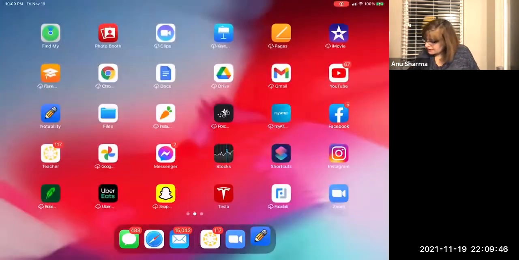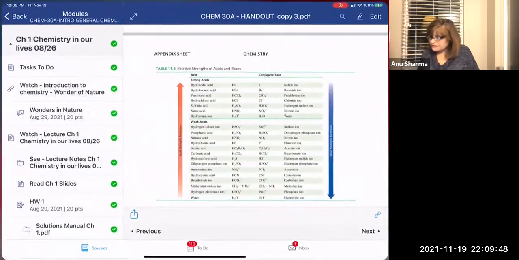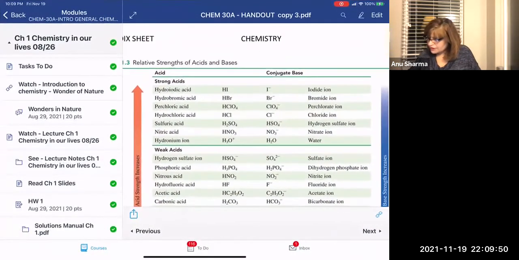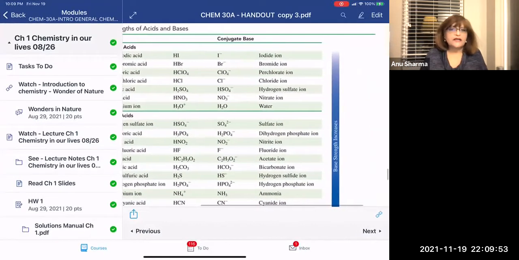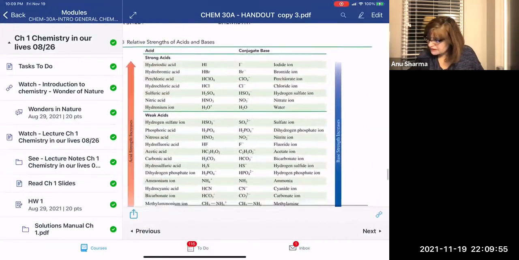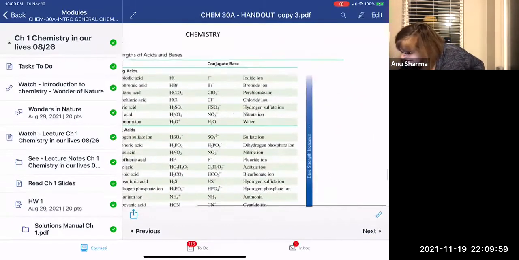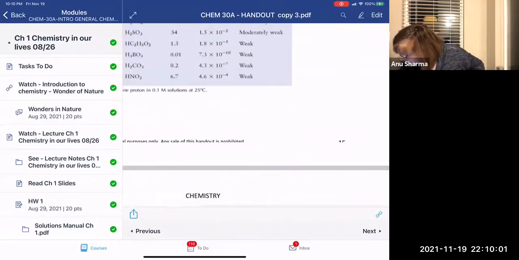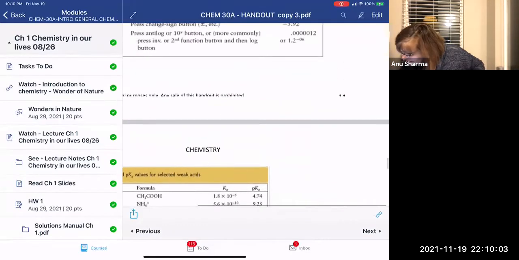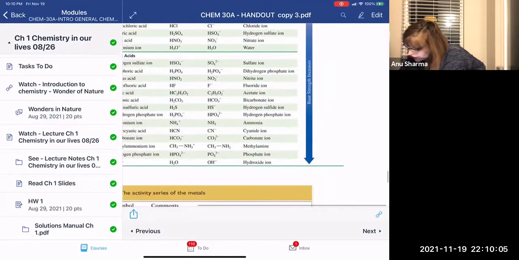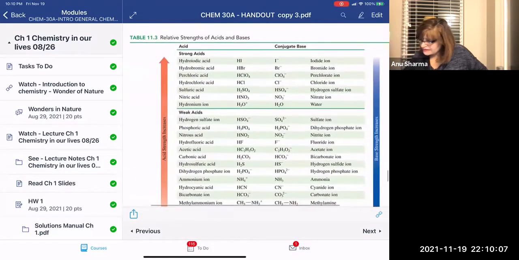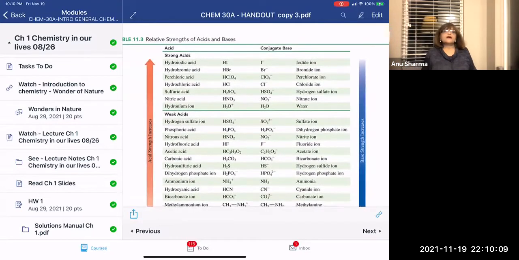Now, in your handout, you will see this table we are talking about. This is on page 15 or 16, page 16. Now, look at this table very carefully.